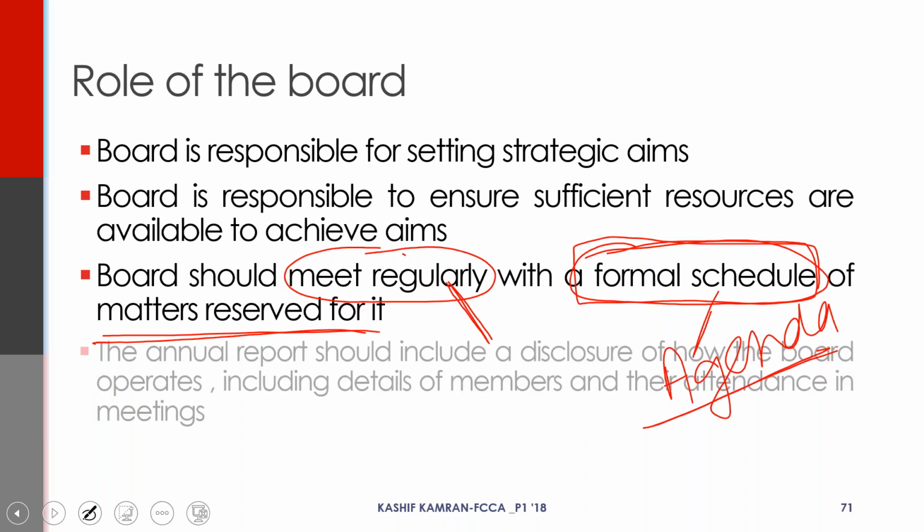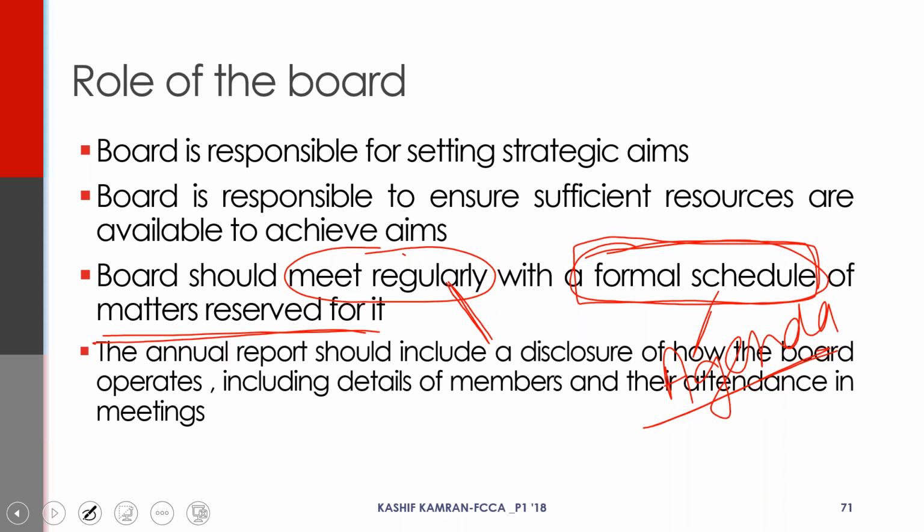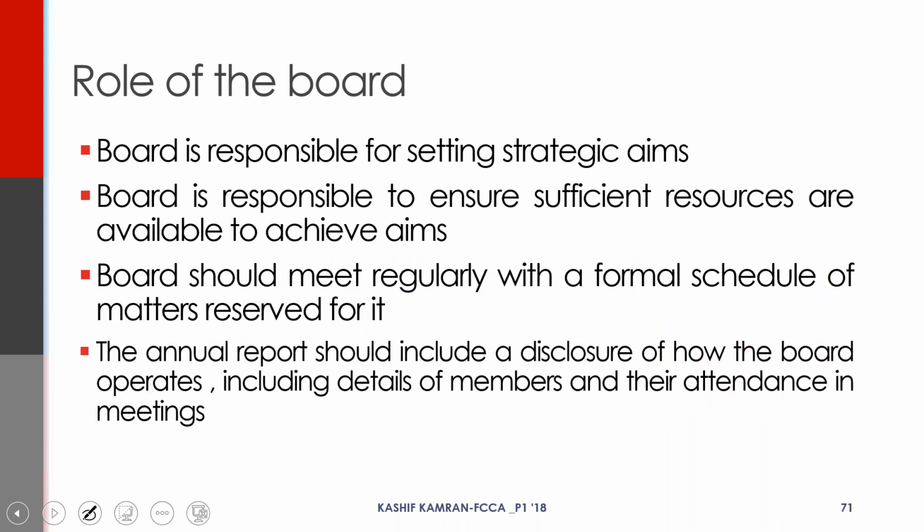The annual report should include a disclosure of how the board operates, including details of members and their attendance. So in the annual report, we should give a disclosure of what? How the board operates.